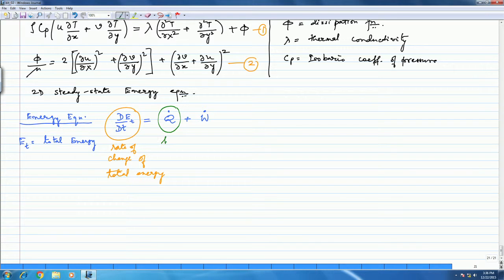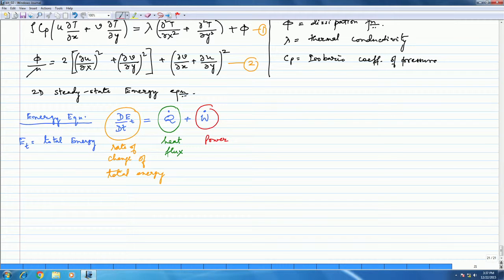This is heat flux, okay, and this is power, or sort of rate of change of work, so to speak. Okay, so that is essentially my energy equation.